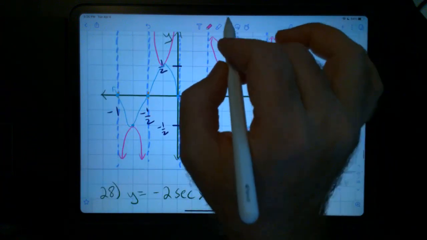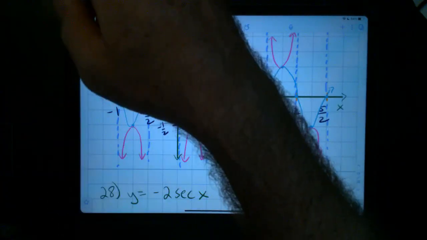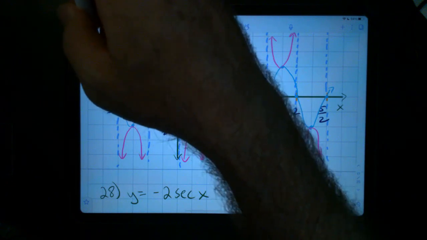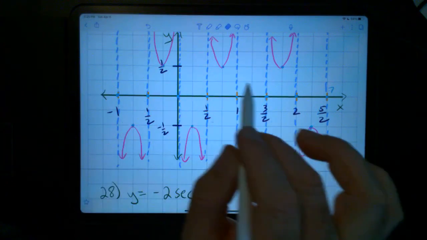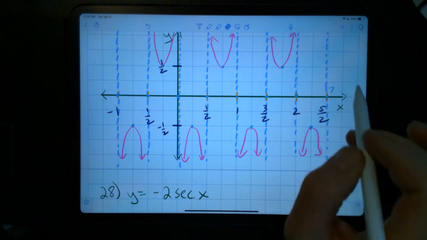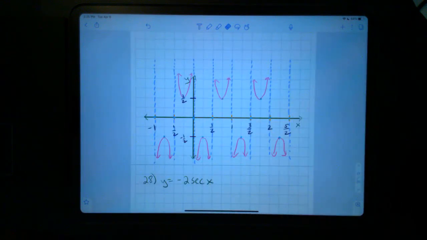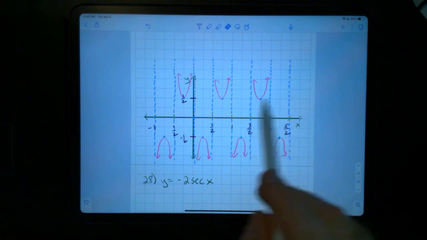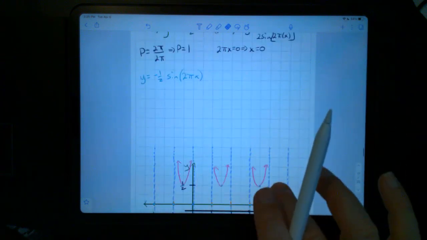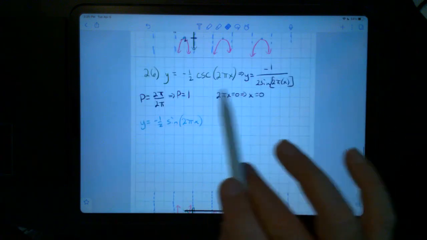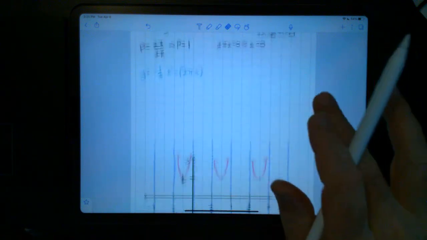And then we can erase the evidence of the sine graph since that's not exactly what we're graphing. The pink is the graph of y equals -1/2 cosecant 2 pi x.